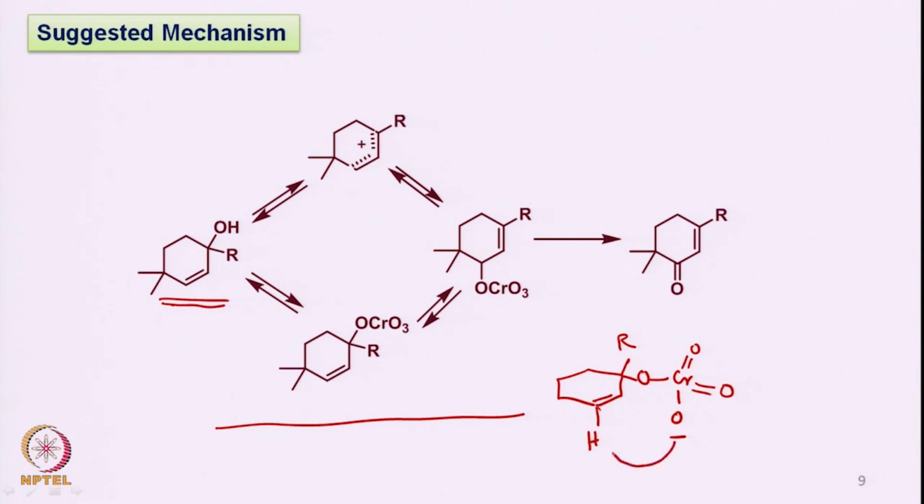Now this particular oxygen then interacts in this fashion, and this breaks off to form an intermediate of this kind, where the oxygen of the chromium species has now come to this particular position.